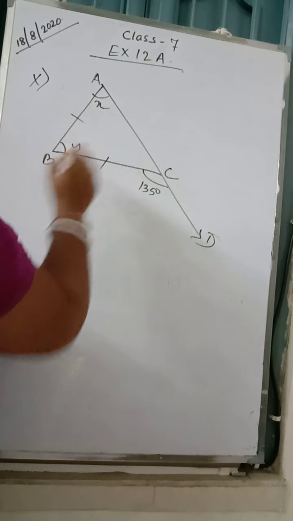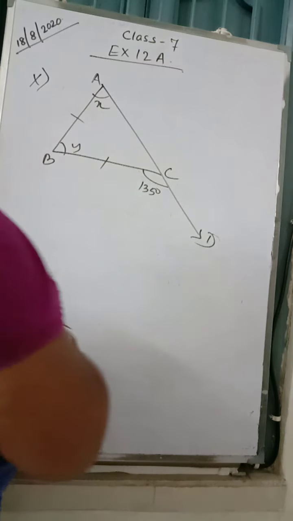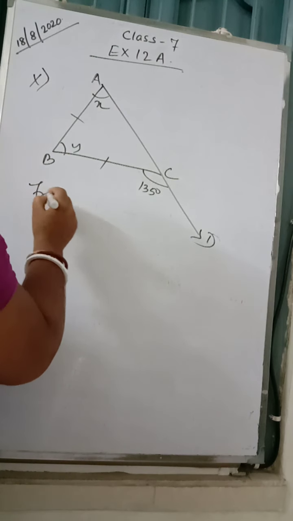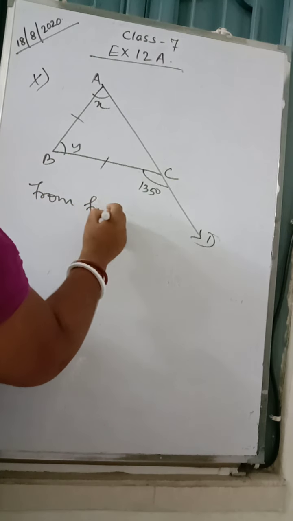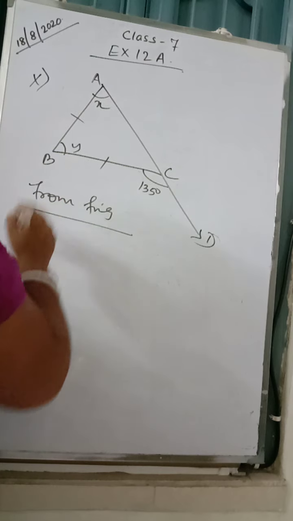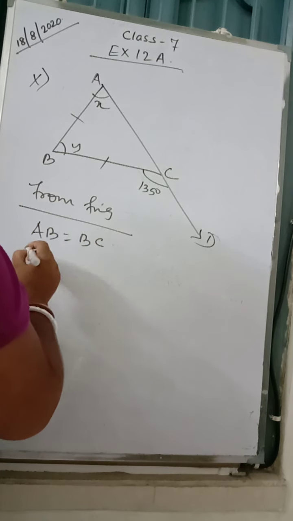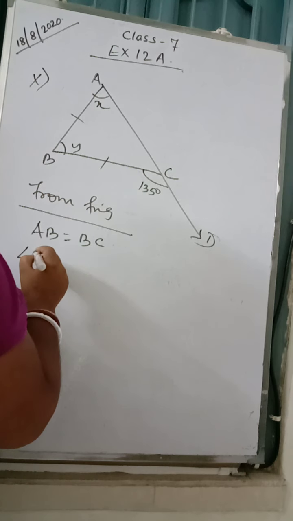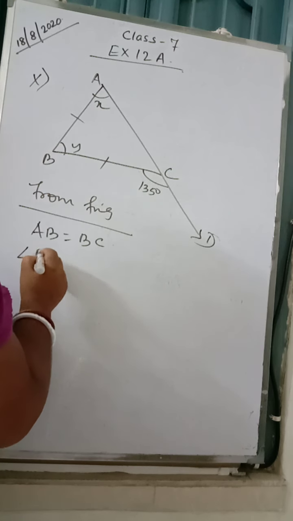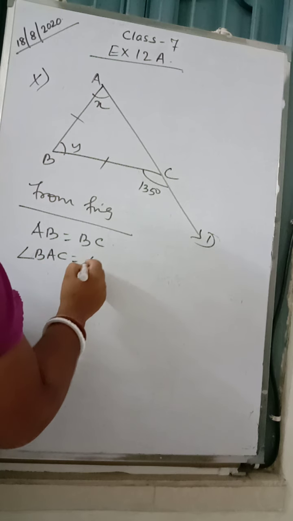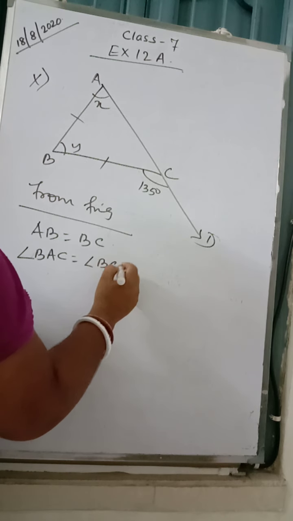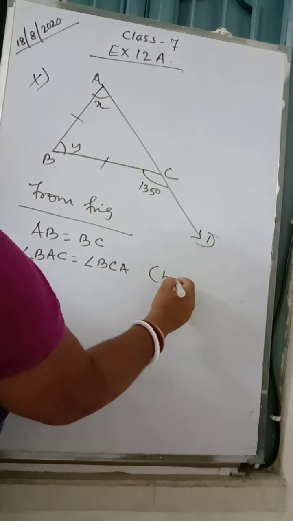This side and this side is equal. From figure, AB is equal to BC. That's what angle BAC will be equal to angle BCA, base angles.